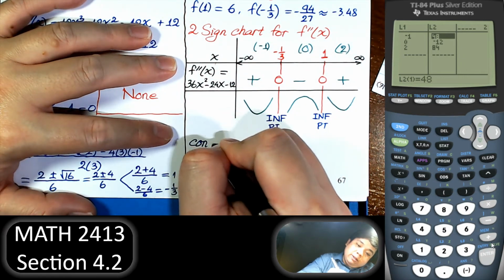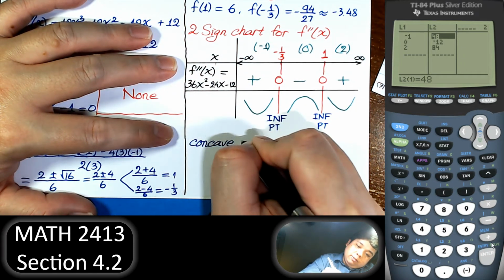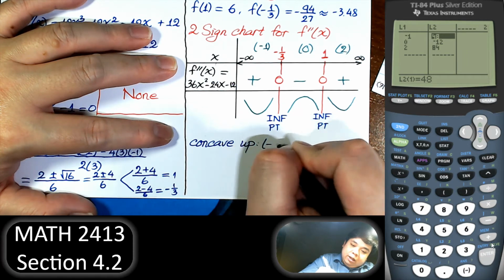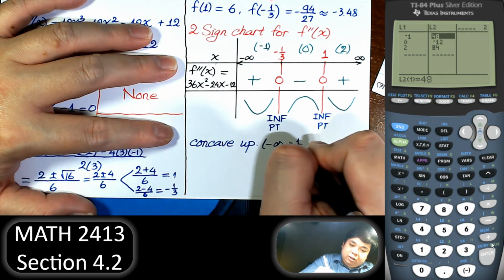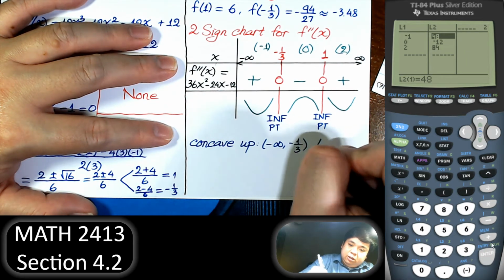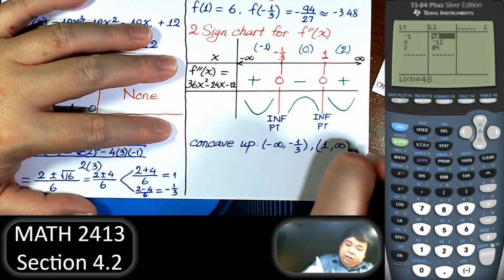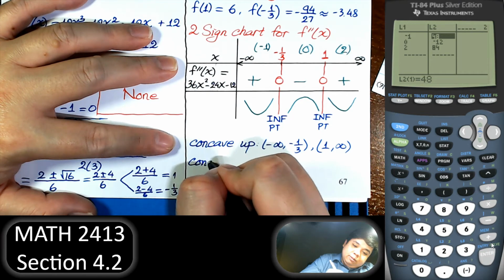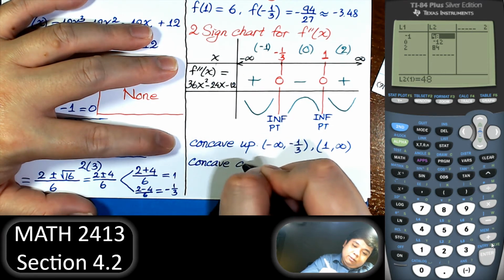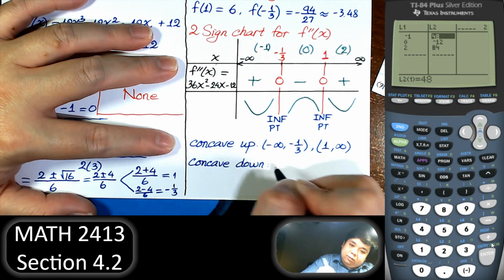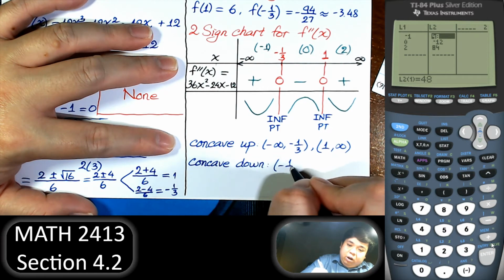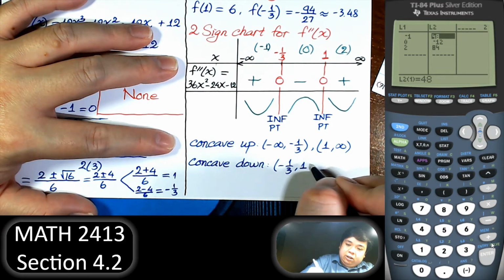Concave up, negative infinity to negative 1/3, or from 1 to infinity. Concave down, negative 1/3 and 1.